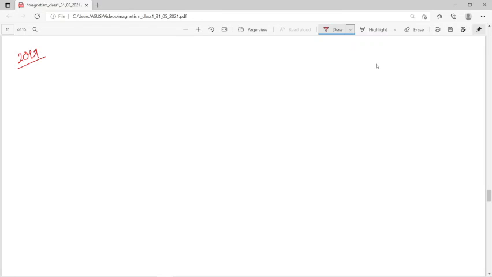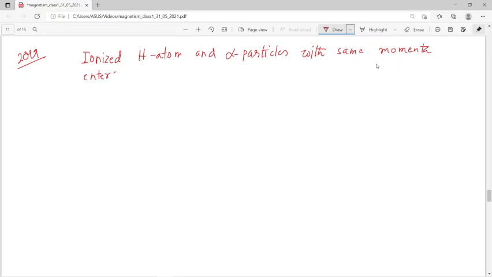The question is: ionized hydrogen atoms and alpha particles with the same momentum enter perpendicular to a constant magnetic field, B.